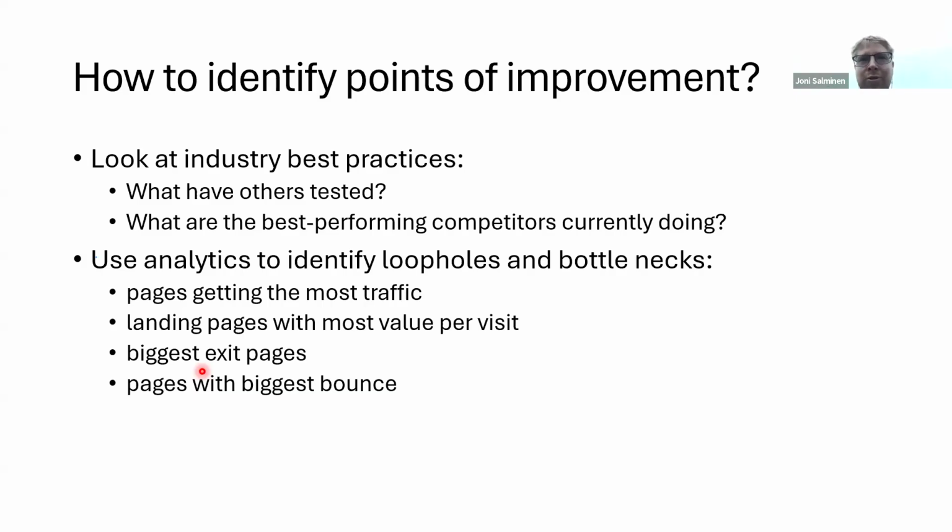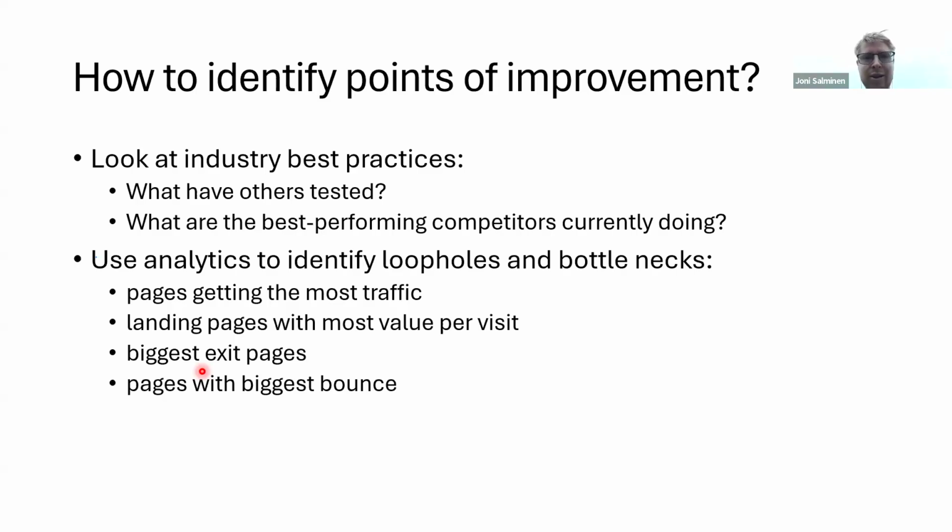Those might be kind of colored by consultancies, and often there's survivorship bias. That means if the test wasn't successful, they wouldn't report the results. So you have to be cautious when you interpret. But in general, benchmarking what the best performing competitors are doing and then trying to mimic their approaches is, I think, a good idea.